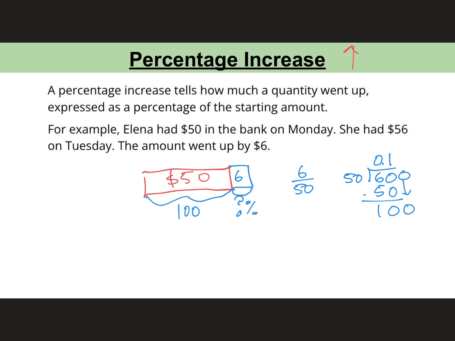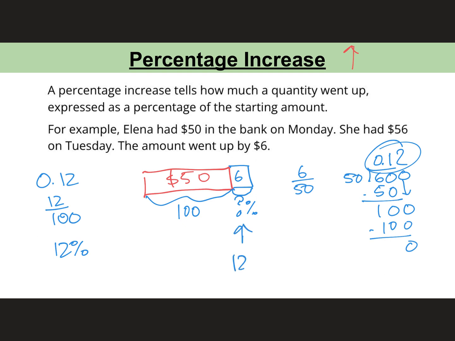How many times does 50 fit into 100? It fits into 100 2 times perfectly, so I am done. So the answer is, I have 0.12, or 12 hundredths, or 12%. So what percentage is this? This percentage increase is a 12% increase.